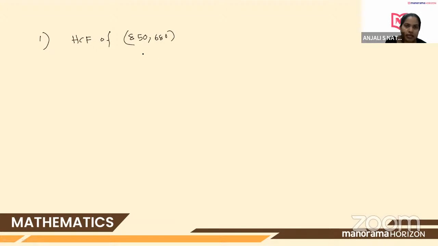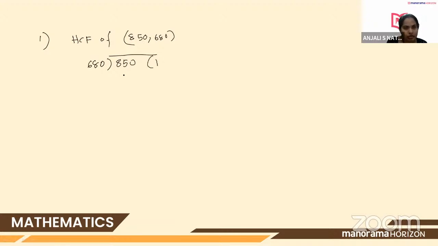Rather than the factorization method, it is easy to find it using Euclid's division lemma. You can take the largest number, 850, as dividend, and 680 as divisor.